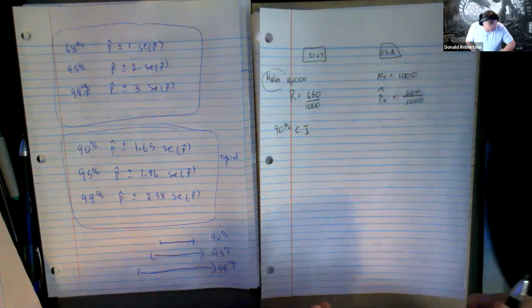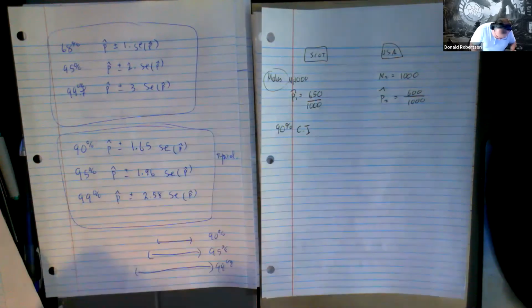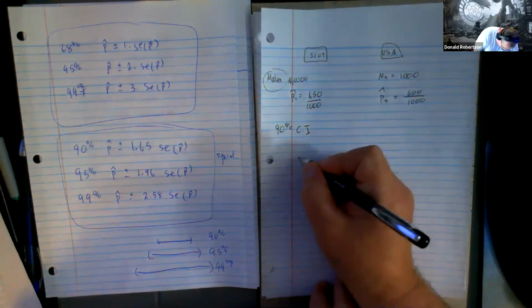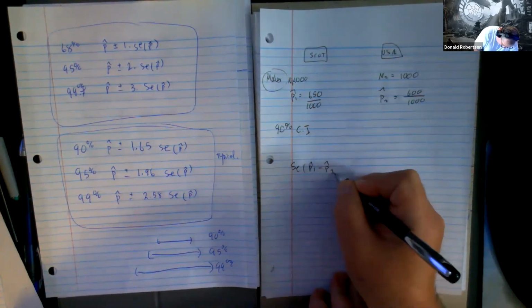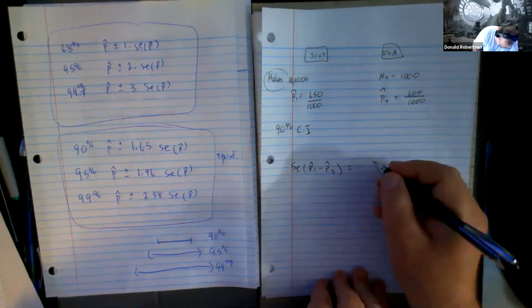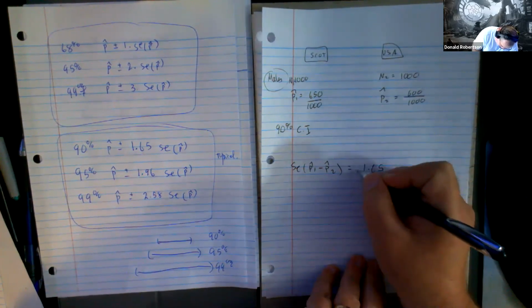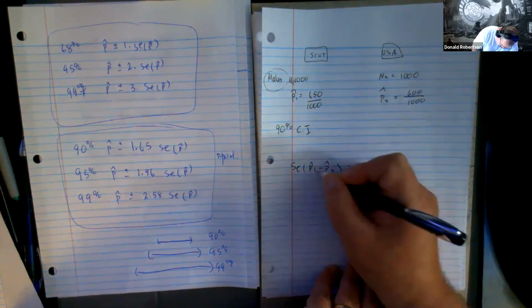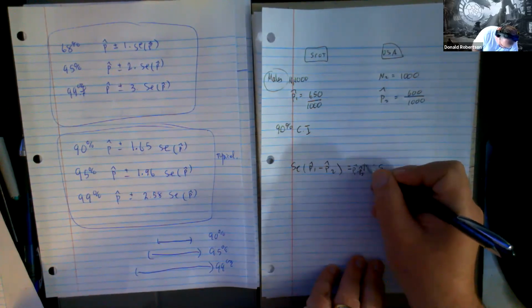And you have got 3 minutes to do it. And I'll write down your formula for you. For a 90%, it's going to be 1.65. Oh, P1 hat, take away P2 hat. There we go. Plus or minus, start again.